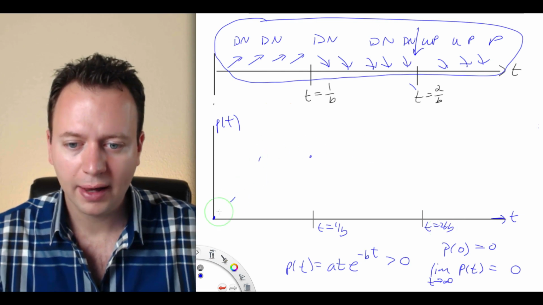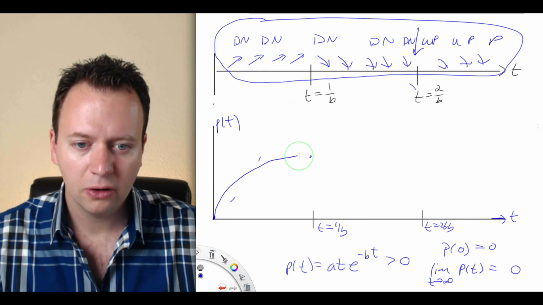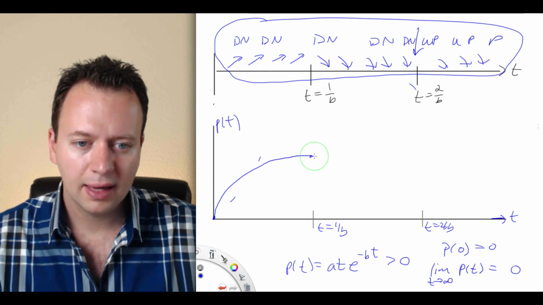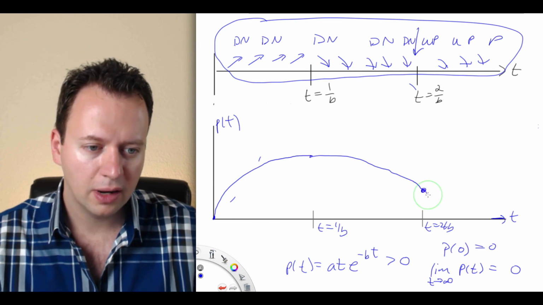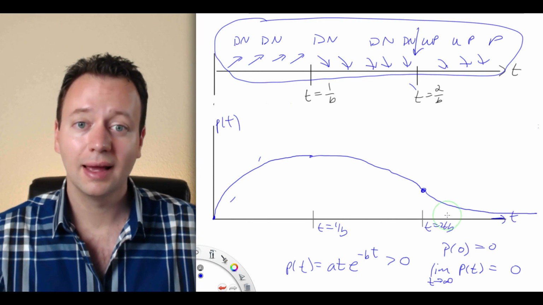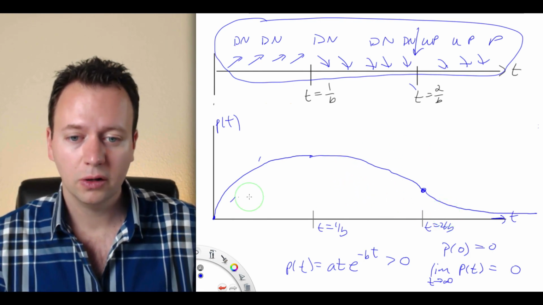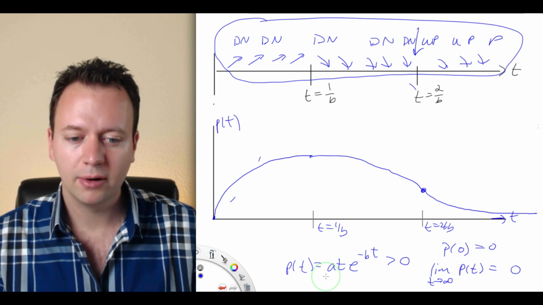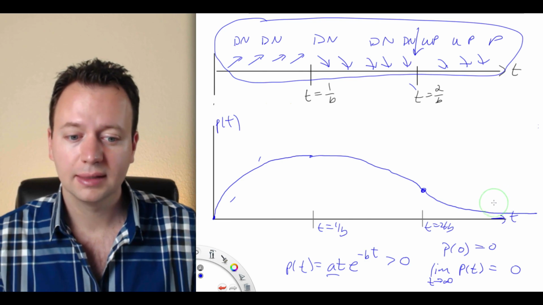So first of all, it's concave down. If we draw this, we get something that's concave down, increasing, and then concave down, decreasing. Then it changes concavity here, and it becomes concave up, which allows it to level off like that. So that's essentially what this family of functions is going to look like. Regardless of the parameters a and b, you're going to get some sort of behavior like this.